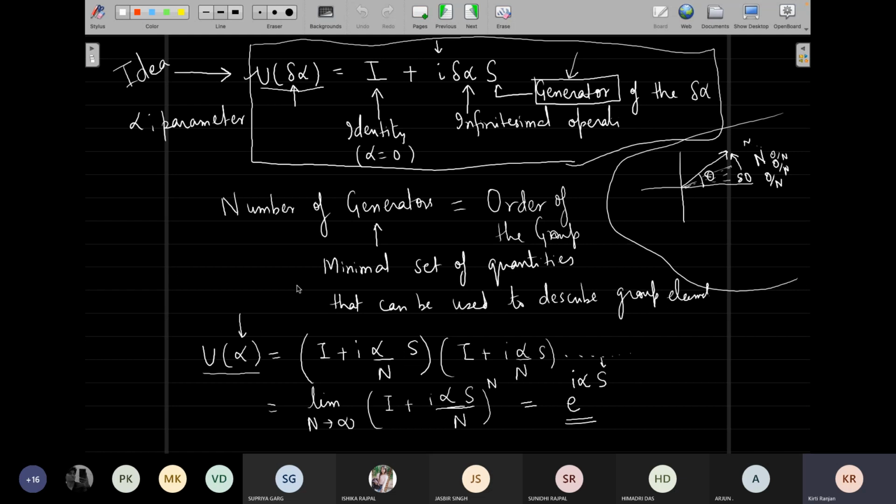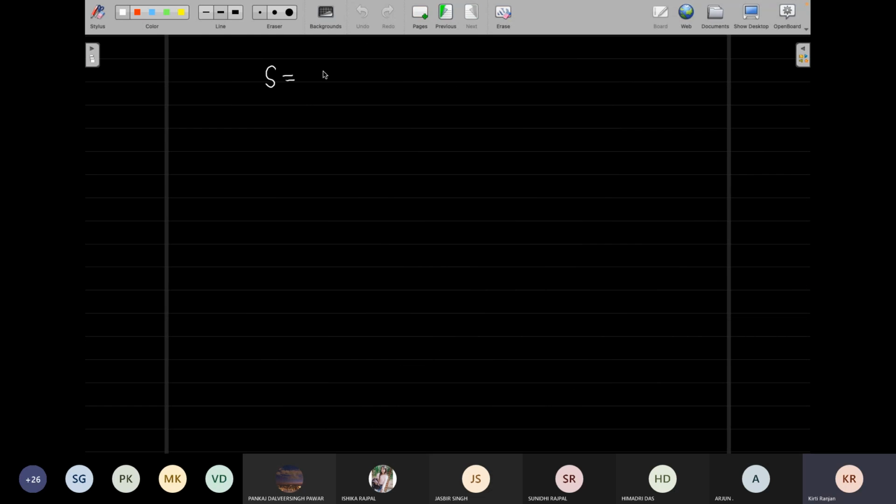What will be the result of dU by d alpha? It gives I S e power I alpha S, and then put alpha equal to 0. So let me write it down: S will become minus I, dU over d alpha at alpha equal to 0, where U is e raised to I alpha S.